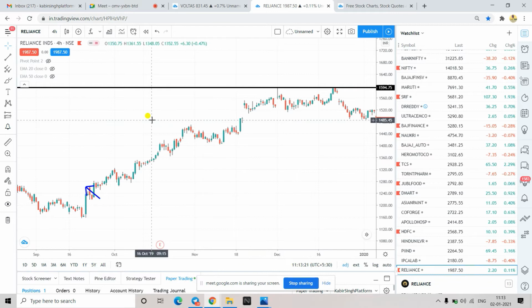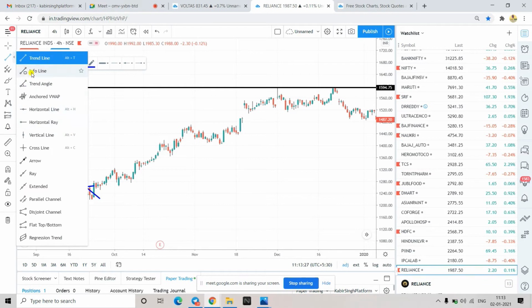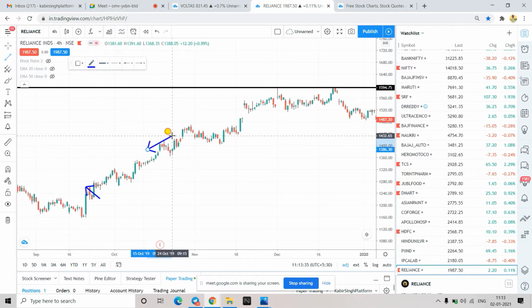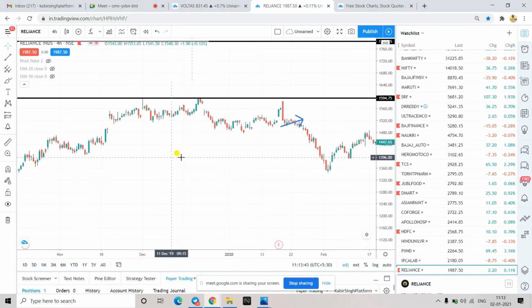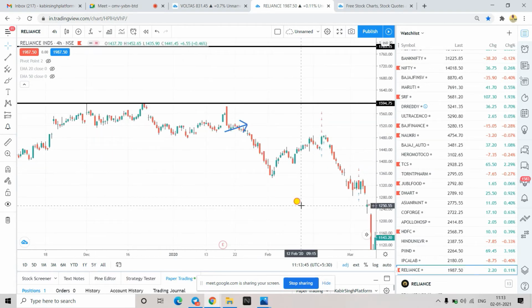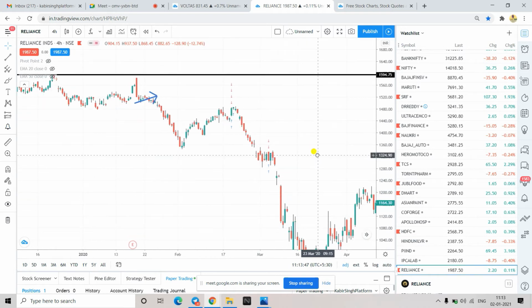I am using all these things from here: trend lines, straight lines. You will also find them already drawn many times, because I keep going through the charts. Whenever I'm seeing something, I just mark it up.